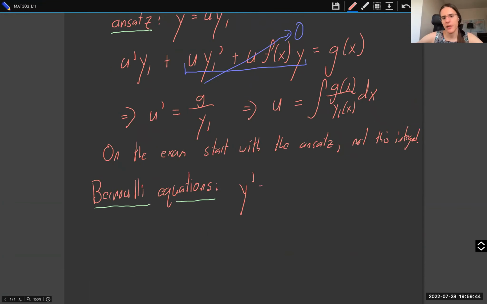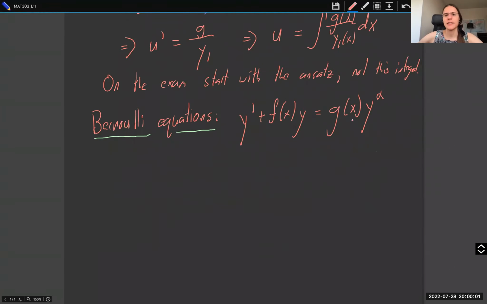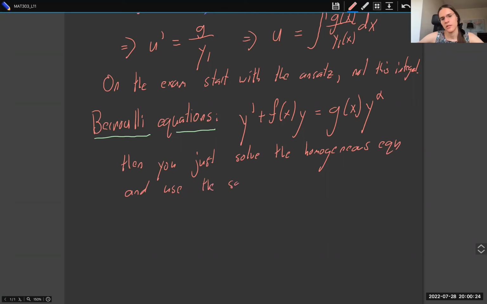So if you have y prime plus f of x y is equal to g of x times y to the power of, let's say, alpha, then you just solve the homogeneous equation and use the same ansatz, that y is equal to u y1, and this works.